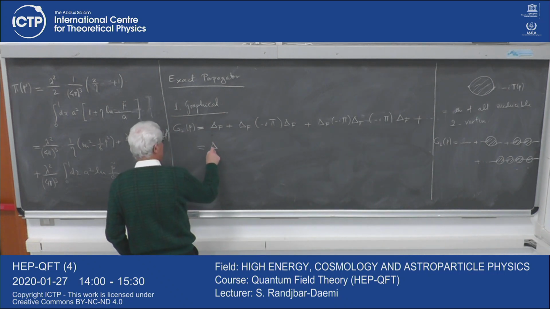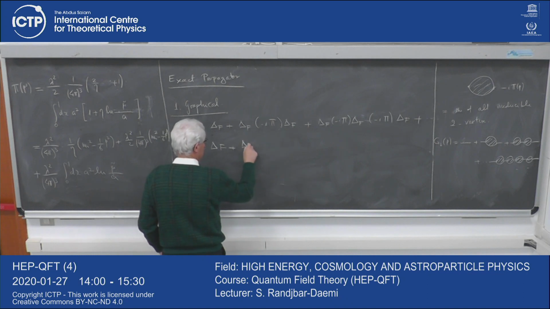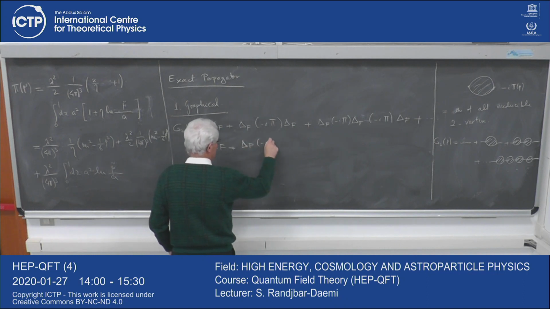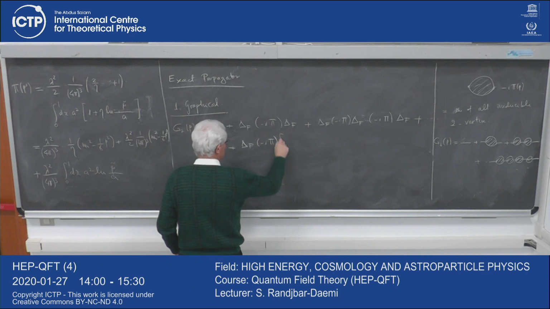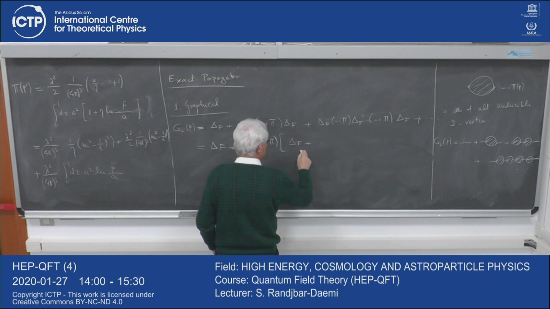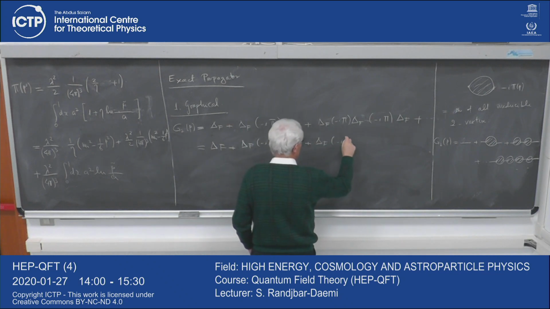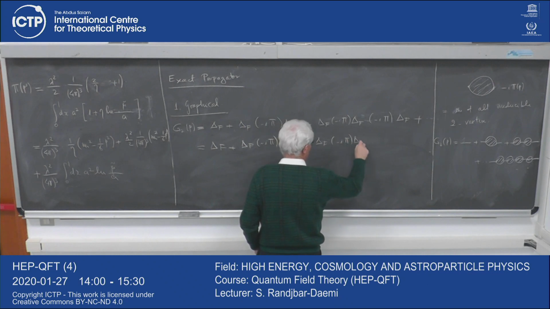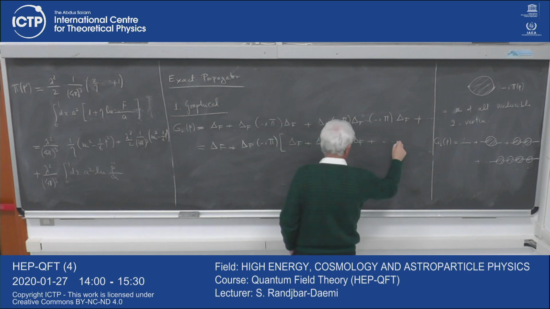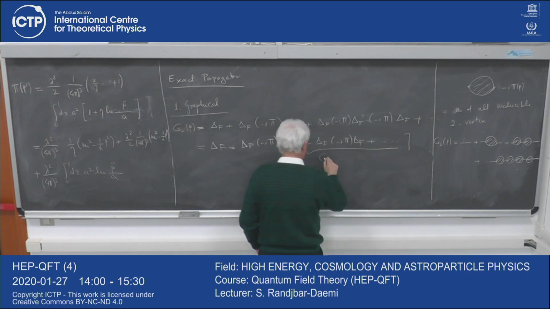Well, we can write this as delta F times a common factor, and then inside the bracket you generate again the same object. And this is again our G2.